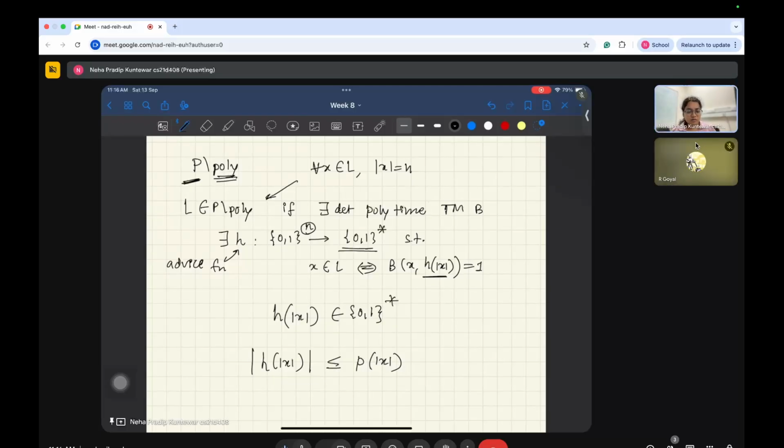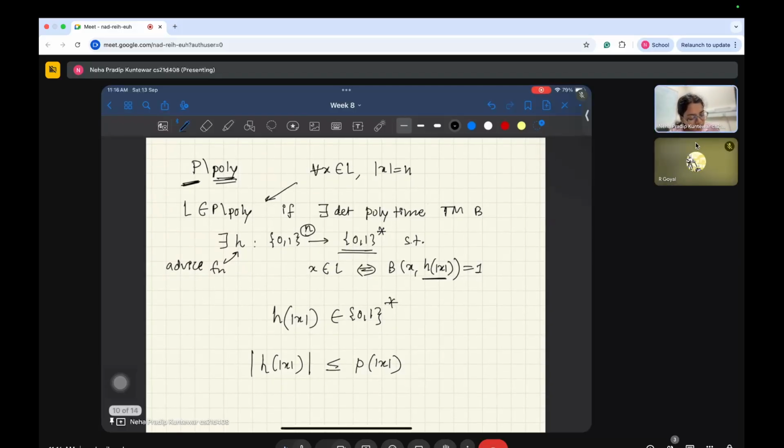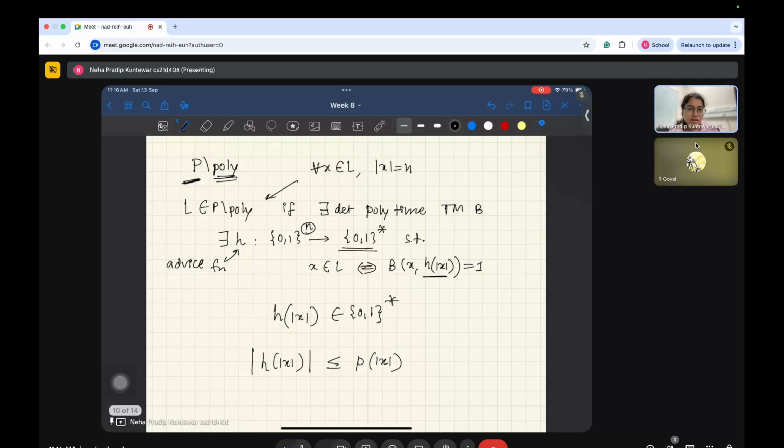Notice that in the case of the non-deterministic machine, for example, you could have different certificates for different inputs. Even though the length of the inputs is the same, the certificates could be different.